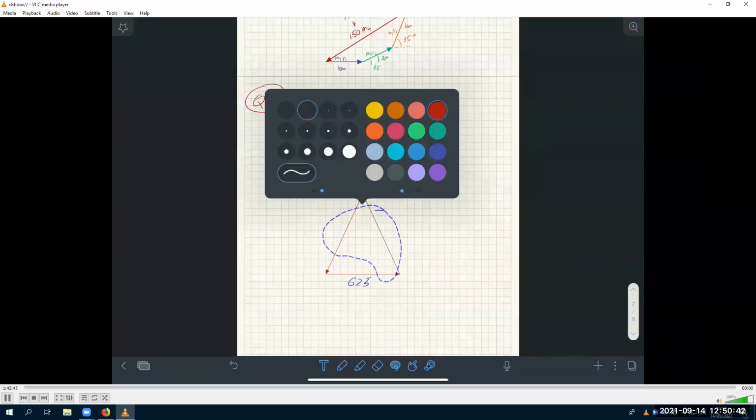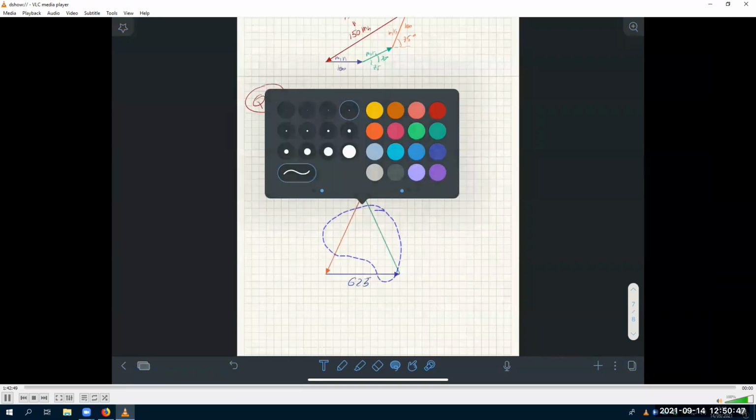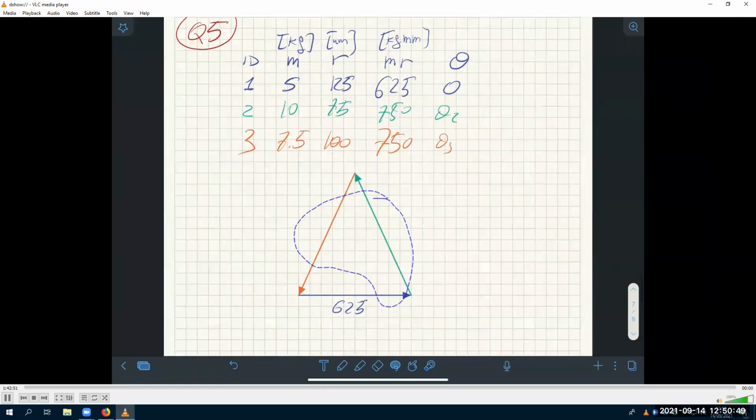This is 750, and this is 750. So what are the unknowns?